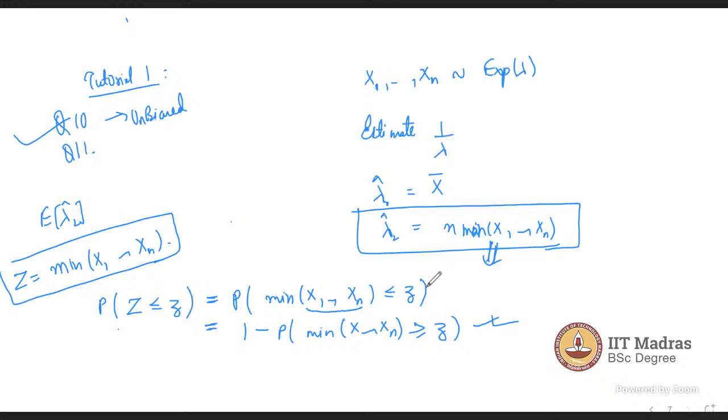Is it clear why it is no? This minimum of x1 to xn is nothing but a random variable, which is Z. So this is a single event, and we can write it as 1 minus the probability that Z is greater than or equal to z. It will be the same.